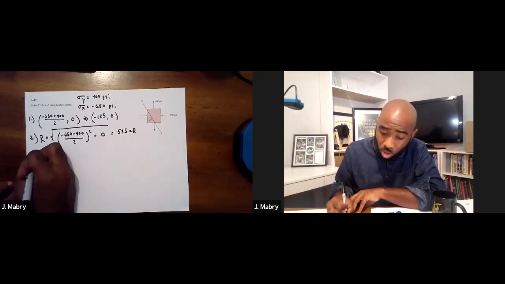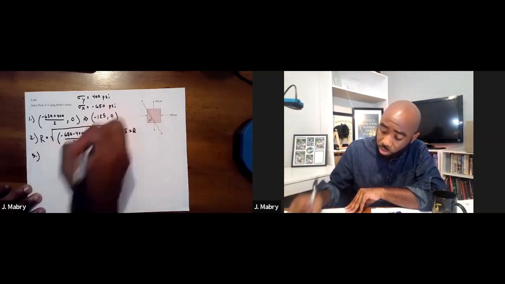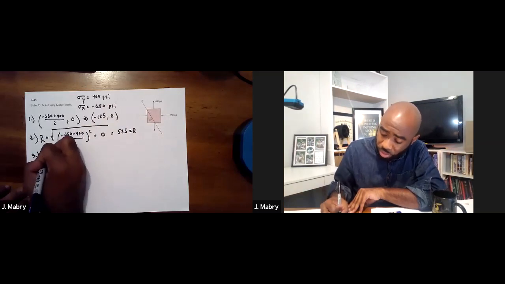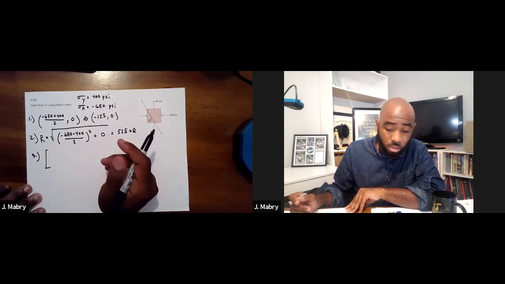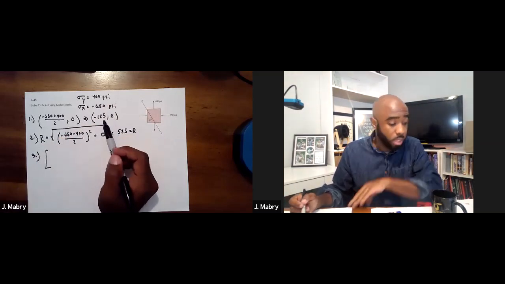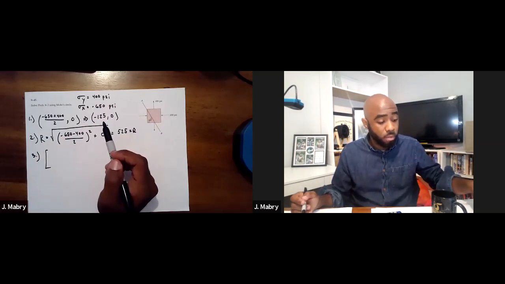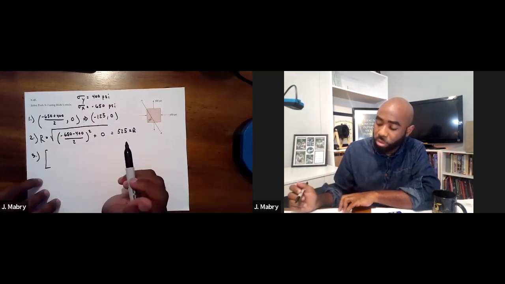Next, what is our range? Our range is basically the center minus the radius. So we have over here the center being negative 125 minus 525.